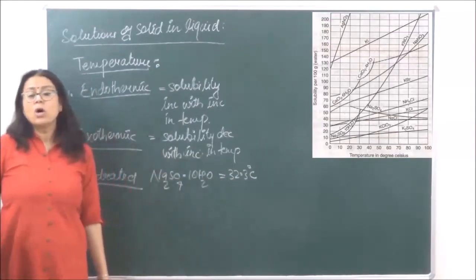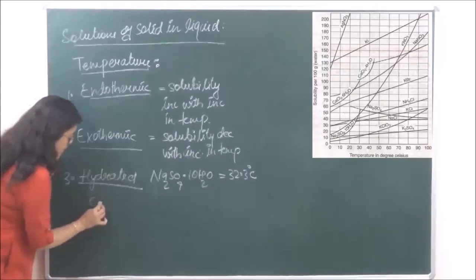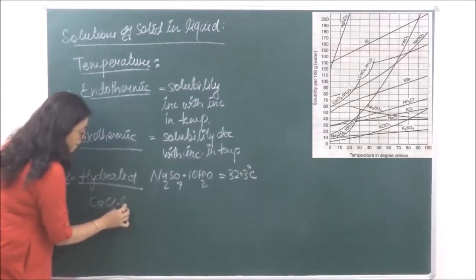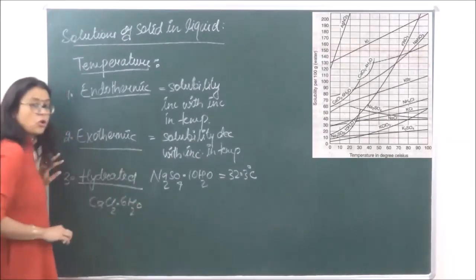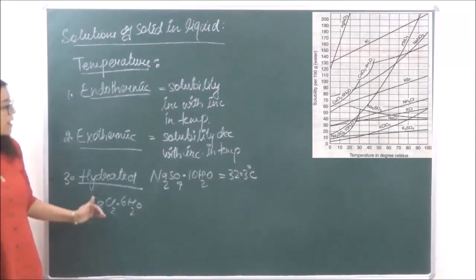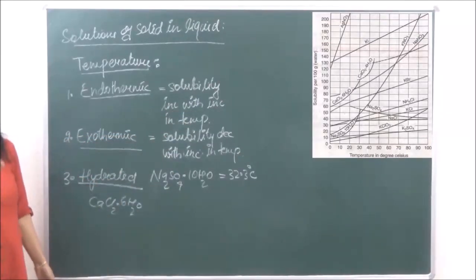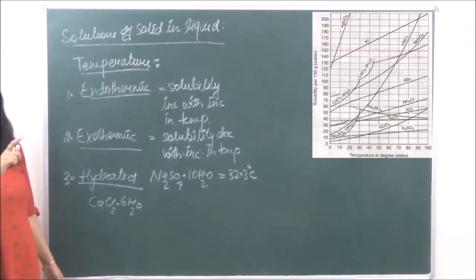Now for salts, as you can see, salts like calcium chloride hexahydrate, in the graph there are two maxima.